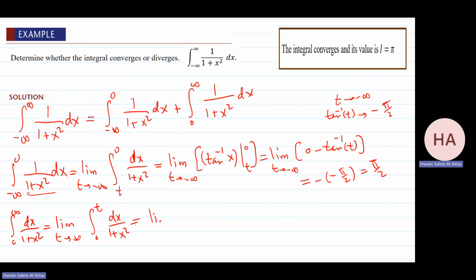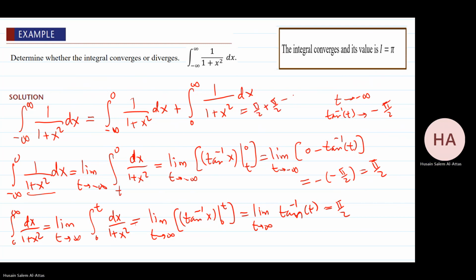That will be the limit of tan inverse of x from 0 to t. Substitute: the limit as t goes to infinity of tan inverse of t minus tan inverse of 0, which is 0. That will be pi over 2. So this one will be pi over 2 plus pi over 2, and that is pi. So the integral converges and its value is pi.